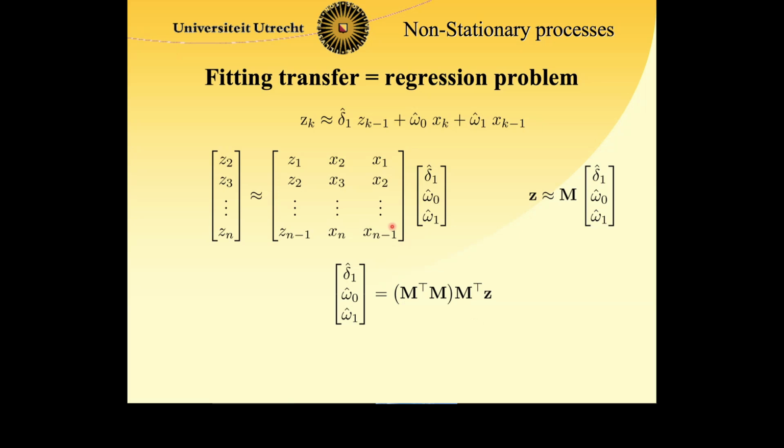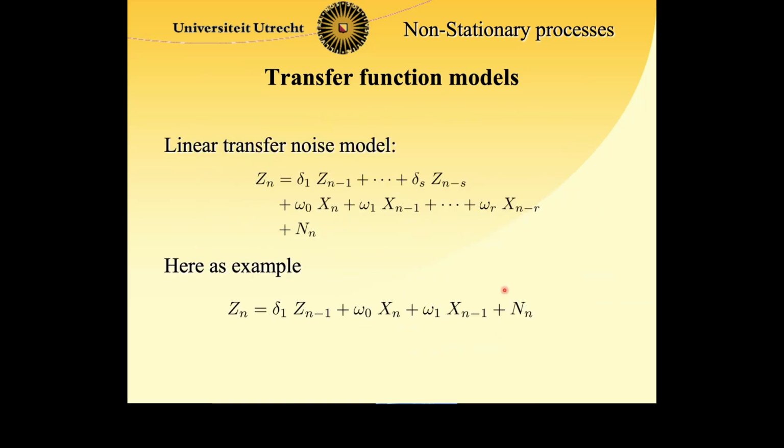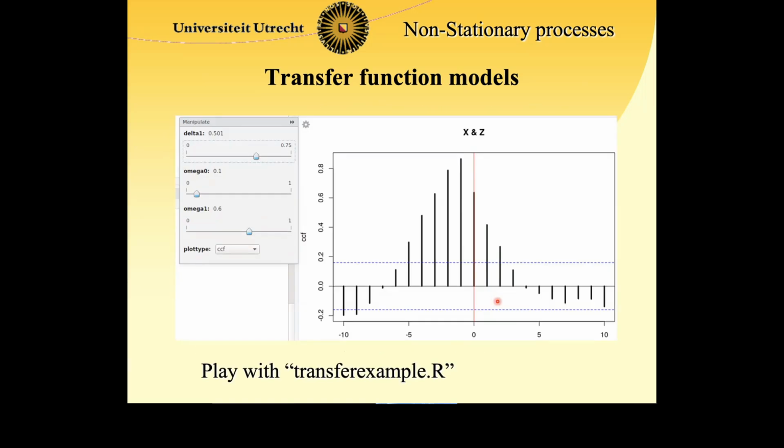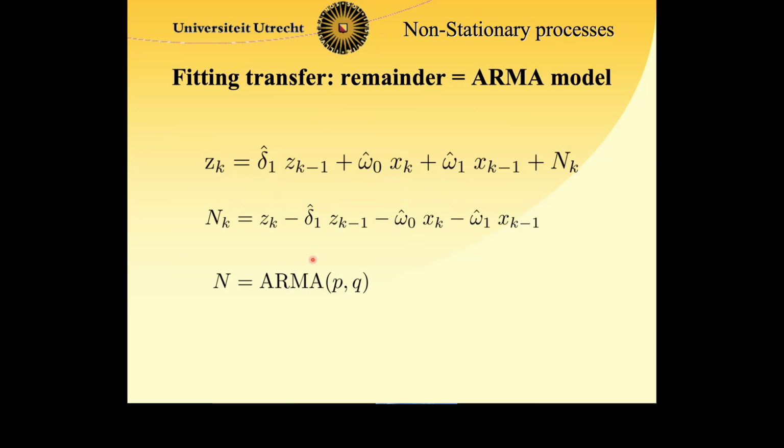But because the residuals, which is this series N here, are not uncorrelated in time, because we fit an ARMA model to it, instead of ordinary least squares we have to use so-called generalized least squares, where you have to provide the correlation between the residuals. So you fit it together with an ARMA model.